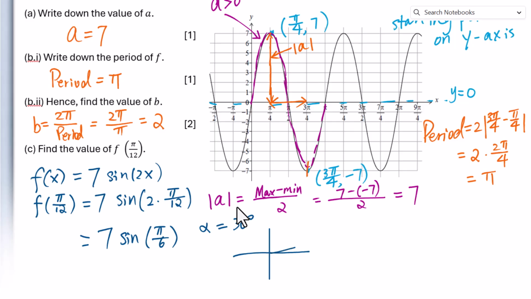Draw this triangle closer to the x-axis. The shorter leg is 1/2, the longer is square root of 3 over 2, and the hypotenuse is 1. We know sine is the opposite side, or the y coordinate. So we get 7 times 1 over 2 equals 7 over 2.